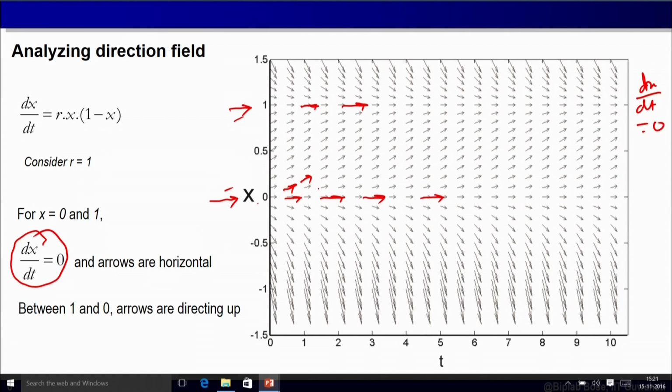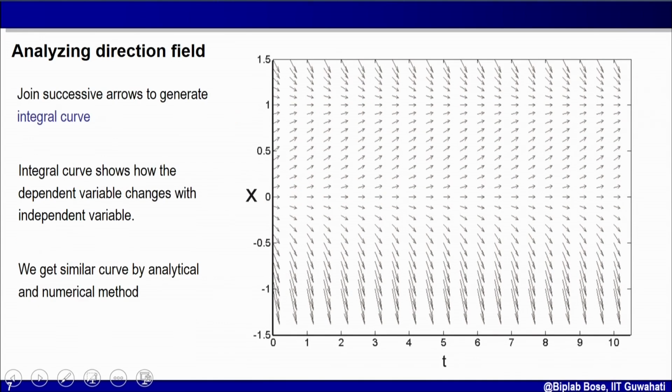Let us see. Let us take a point, for example, at time 0, let us take a point 0.2 here. So that is 0.2 for x at t equal to 0. The interval between these two grid points is 0.5. So if I start at this 0.2 position at t equal to 0, after 0.5 time, I will reach this point following this arrow.